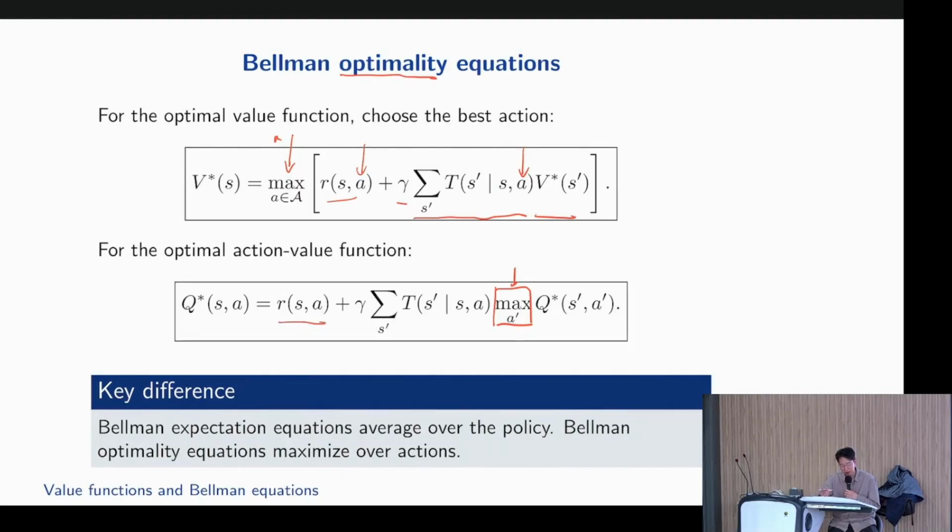Immediately you're set in stone that you have to execute this action, but onwards from then you have to act optimally. The state transition you can do nothing about; you have to take the expectation, but from the next state onwards you're going to act optimally according to the Q. So the difference is that the Bellman expectation equation averages over the policy, but the Bellman optimality equation maximizes over the actions.